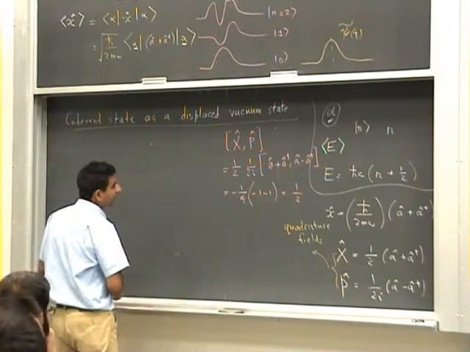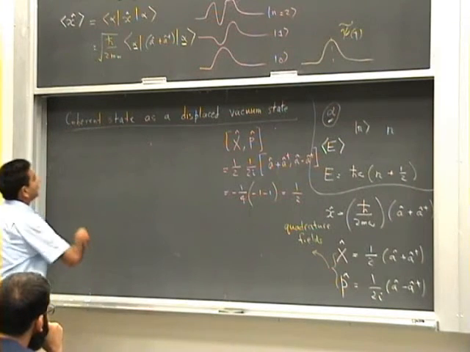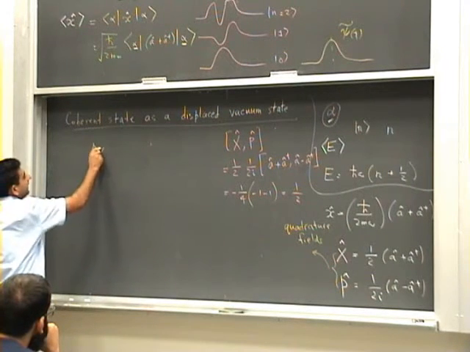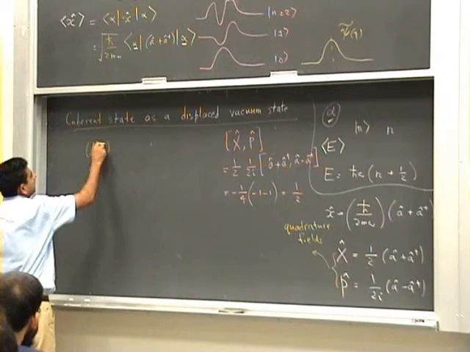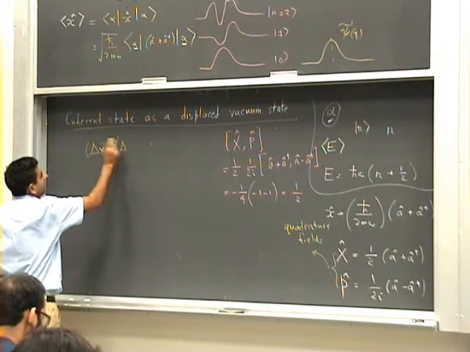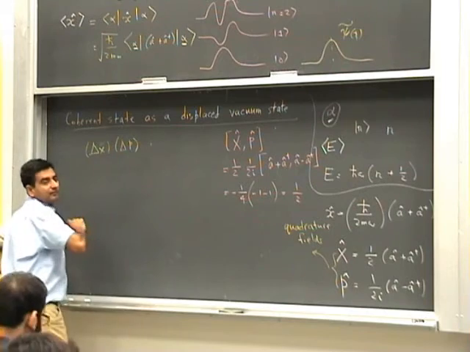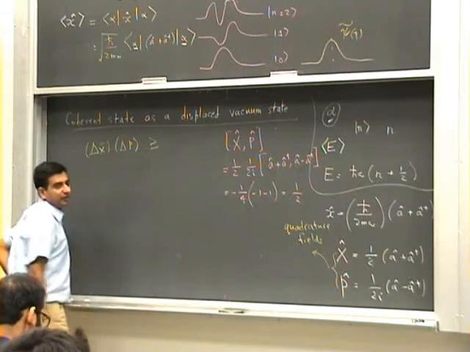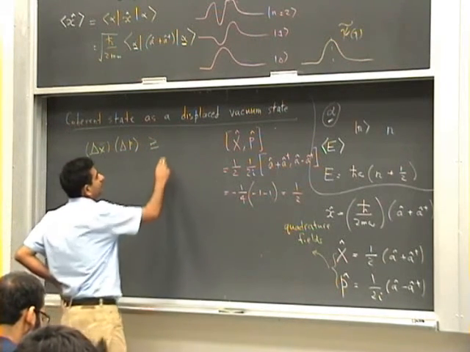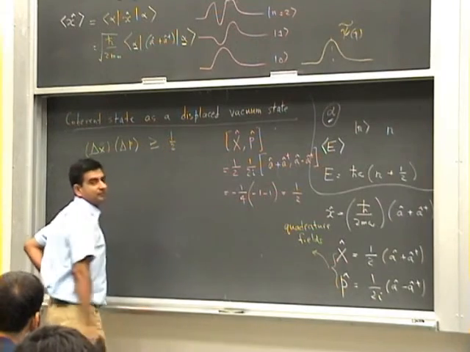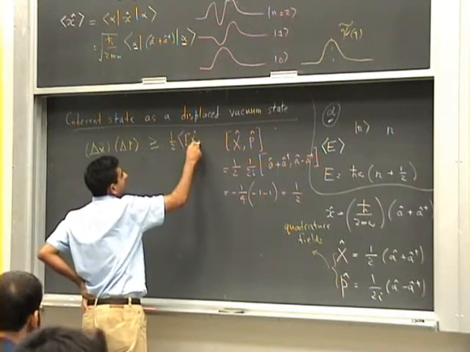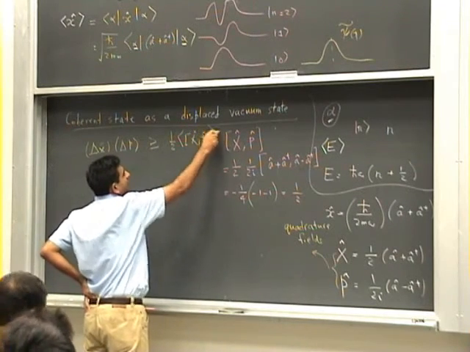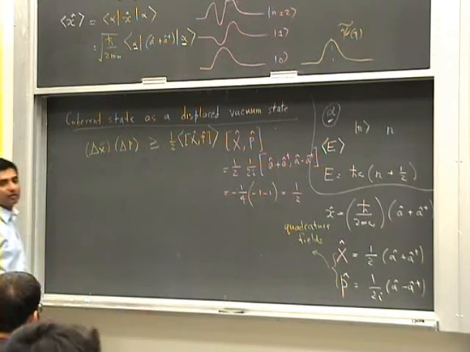Now I also know from the principle of indeterminacy of quantum states, delta x delta p must be greater than or equal to 1/2 of the expectation value of the commutator of the observables corresponding to these variables.